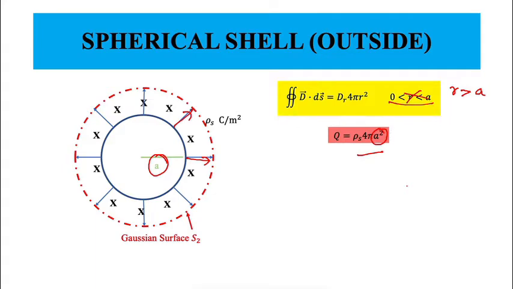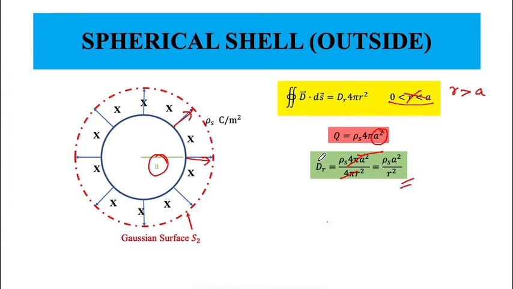Okay, so now we will simply evaluate the left hand side and right hand side and equate them, thereby getting D_r as rho_s 4 pi a squared by 4 pi r squared. The 4 pi in numerator and 4 pi in denominator will go away. Now you are left with rho_s a squared by r squared.